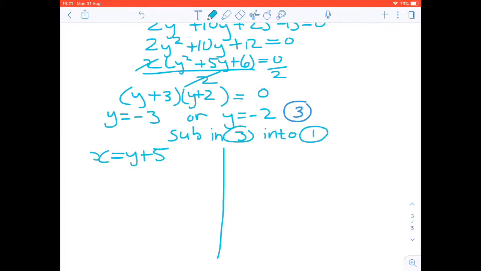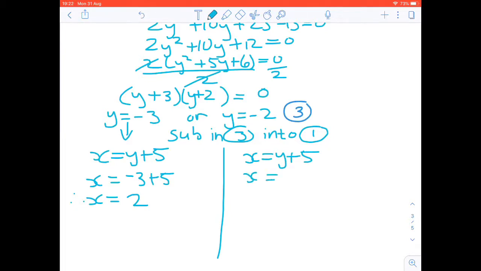So now we substitute in firstly negative 3. So x equals negative 3 plus 5. Therefore, x equals 2. And let's do the other side. X equals y plus 5. X equals negative 2 this time plus 5.